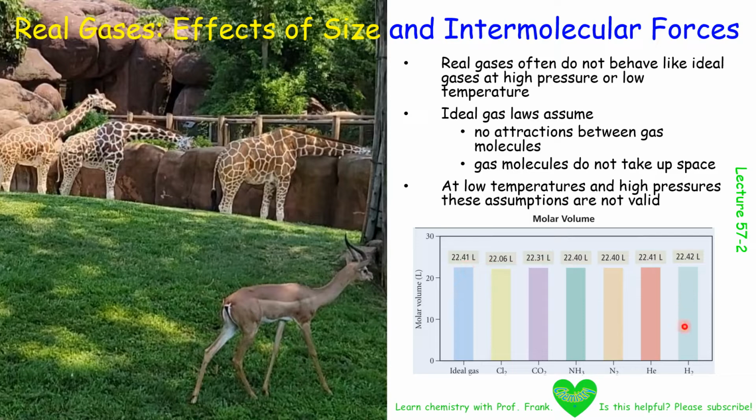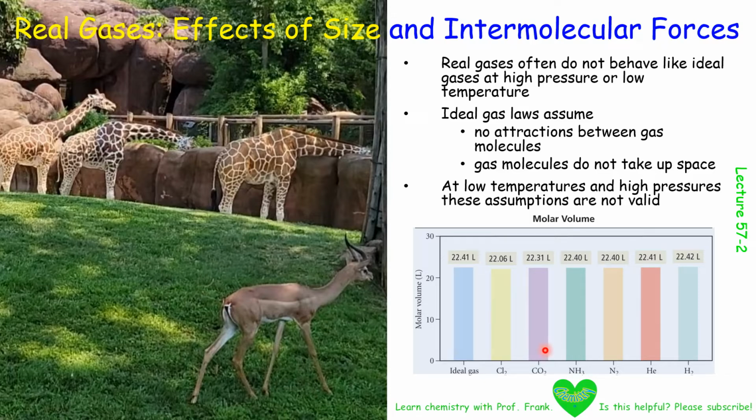The smaller gases, on the other hand, don't deviate that much. You see hydrogen gas, H2, 22.42 versus 22.41 for ideal gas. Helium is exactly 22.41, the same as ideal gas. So the difference is really the size.